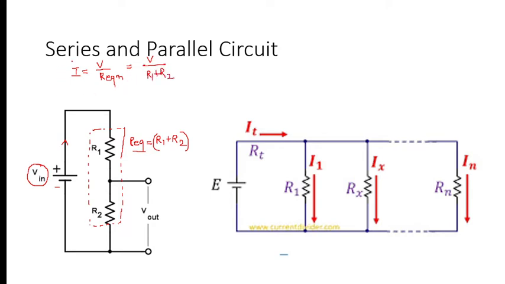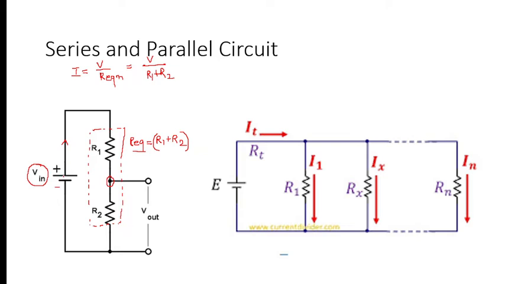Now another point I would like to mention is the concept of node. As I have told you, a node is nothing but a junction point of a circuit. So when R1 and R2 are connected at this point, a node is created. So this is a node. Secondly, this is an element, a passive element, and this is another element.